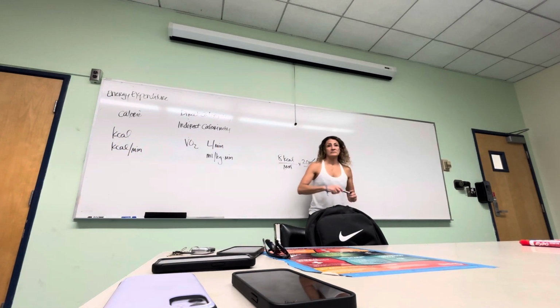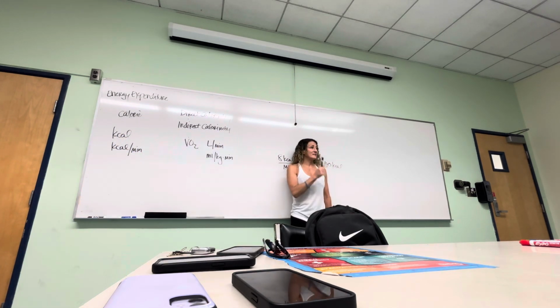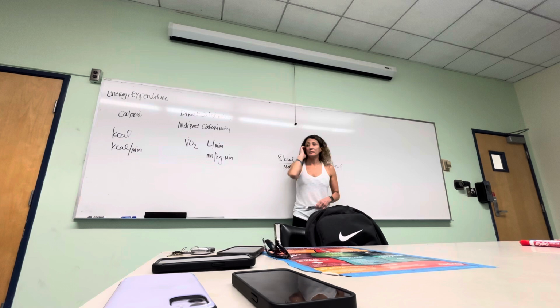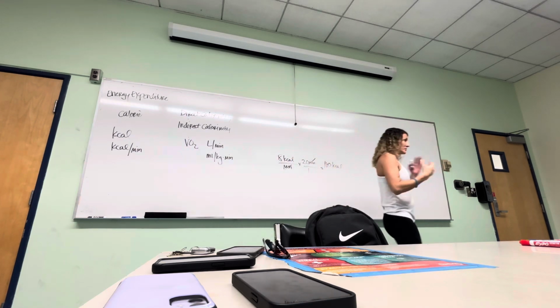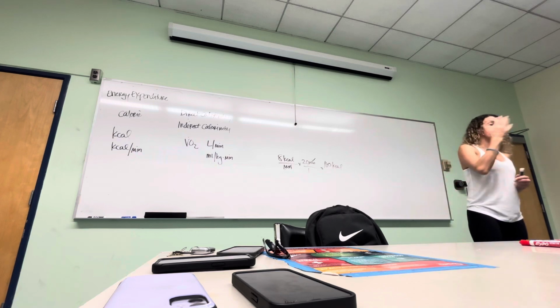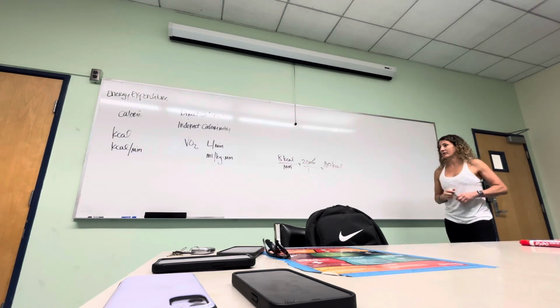So, as your exercise intensity increases, your heat production increases, your oxygen consumption also increases. So if we measure your oxygen consumption, we can use it to estimate your heat production or your energy expenditure. Okay, so that's what we're doing in indirect calorimetry. We're also measuring your carbon dioxide production, oxygen consumption, carbon dioxide production, but we'll talk about that a little bit more later.